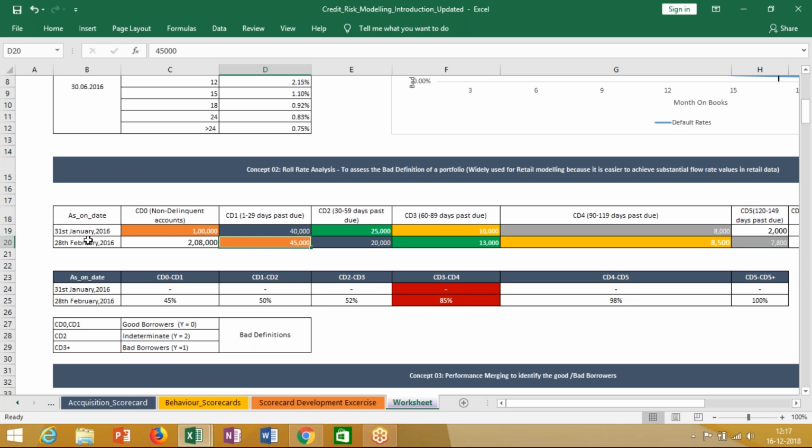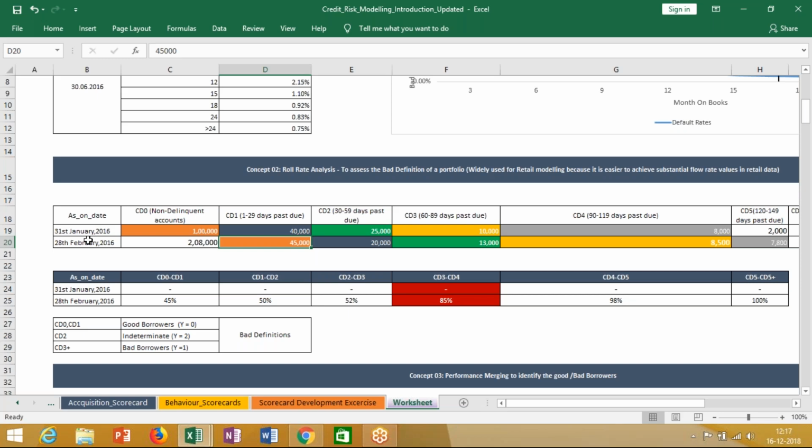So what are you confused about, Umang? Tell me. Our 1 lakh balance was there as on 31st January, but on 28th Feb, 45,000 have come as delinquent.